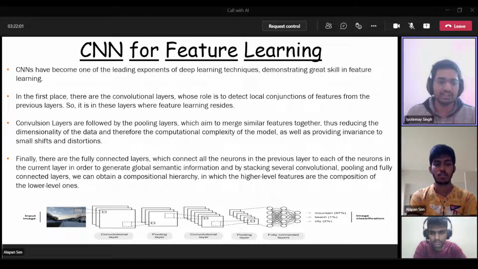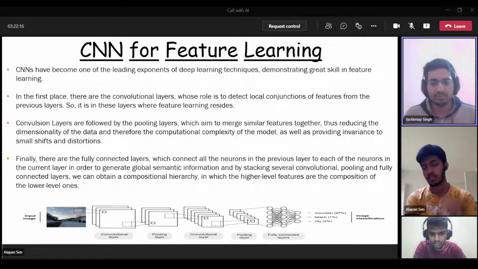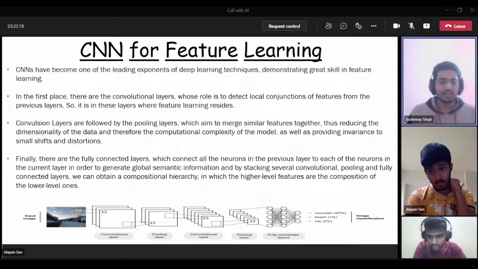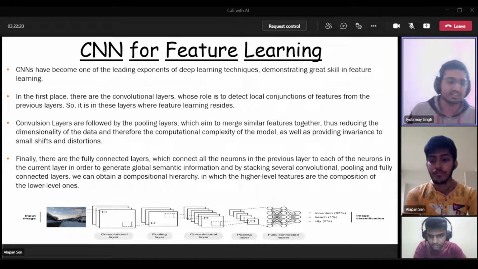By stacking several convolutional, pooling and fully connected layers, we can obtain a compositional hierarchy in which the higher level features are the composition of the lower level ones. Let's suppose I have a picture which is shown in the slide. Here we want to find out how much of that image is covered by mountains, the beach, or maybe some man-made things.